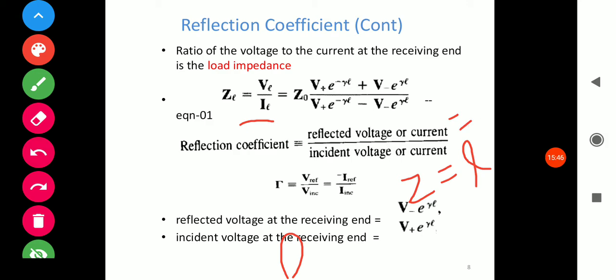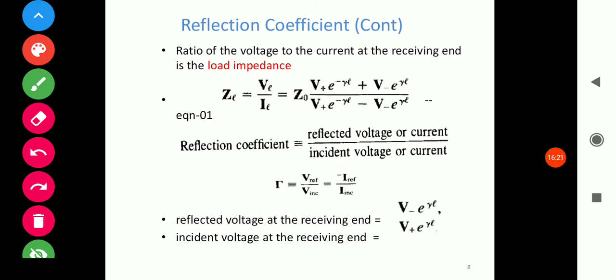But practically it won't be possible, because we will connect our antenna on the load side, so it is difficult to get perfect matching. There will always be some reflection. So we define gamma as reflected voltage divided by incident voltage, and in terms of current, reflected current divided by incident current.